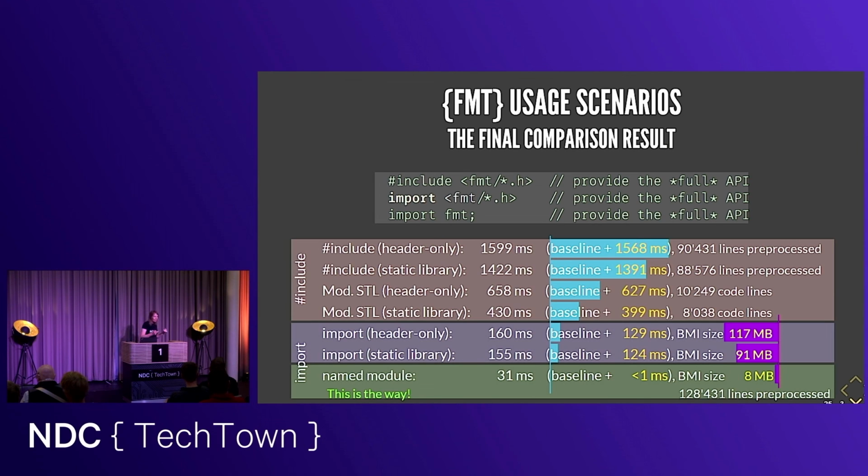In the worst case, it's as fast as precompiled headers, even though precompiled headers have a ton of limitations that modules don't have. Modules compose, precompiled headers don't.